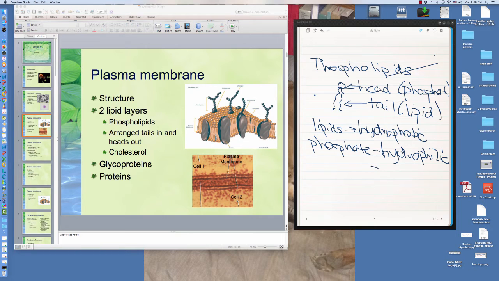So if you think about a cell and the fact that you have intracellular fluid and extracellular fluid, that means these phospholipids have to arrange themselves so that the phosphate portion, the hydrophilic or water-loving portion, touches the water, and the hydrophobic portion avoids the water.